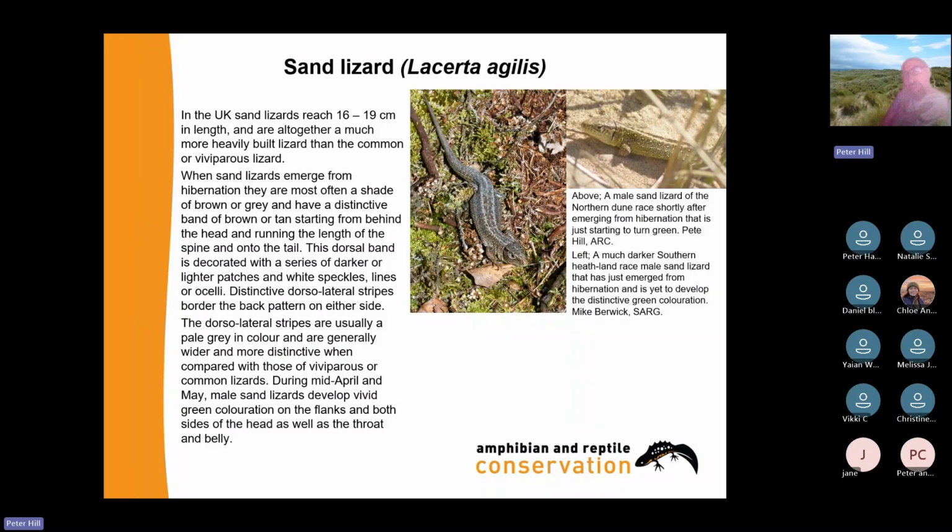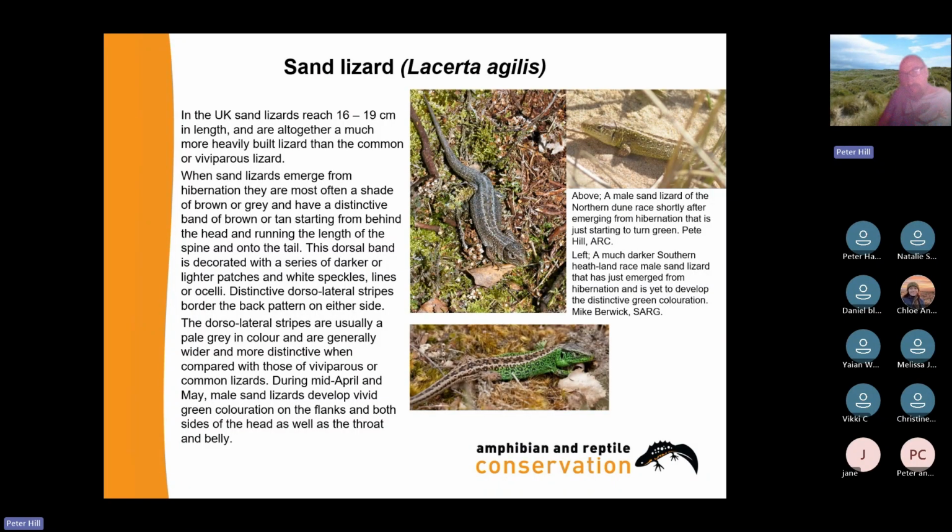You can see running along the length of their spine, on those animals, and here as well. This animal later on in the year developed green coloration, also a southern heathland race animal. You can see running from the back of their head, right along the length of their spine to their tail, including the tail, there's a tan or brown stripe, flanked either side by dorsolateral stripes, and all the way along that back stripe is what we call the back pattern, and that is unique to each individual lizard.